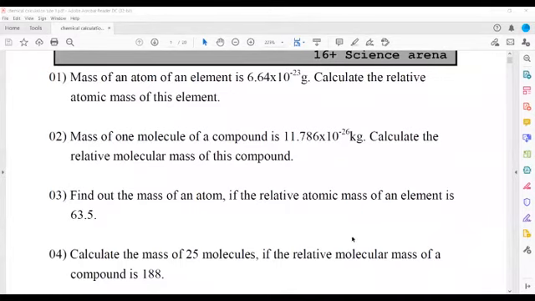Okay, children, quickly write the problem and then do the problem. Question number 4.